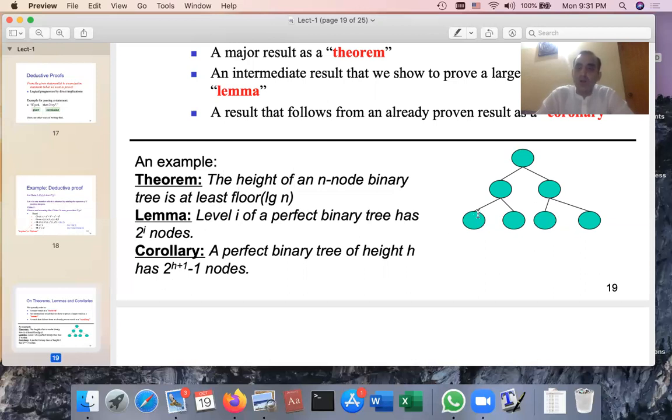So I can calculate the height of the binary tree first by using this formula, and then you can put it in. So height is 2. 2 plus 1, 3. So 2 raised to the power 3 is 8. 8 minus 1 is 7. So 7 is the number of nodes that you will get by using this corollary. So these are the examples of theorem, lemma, and corollary.